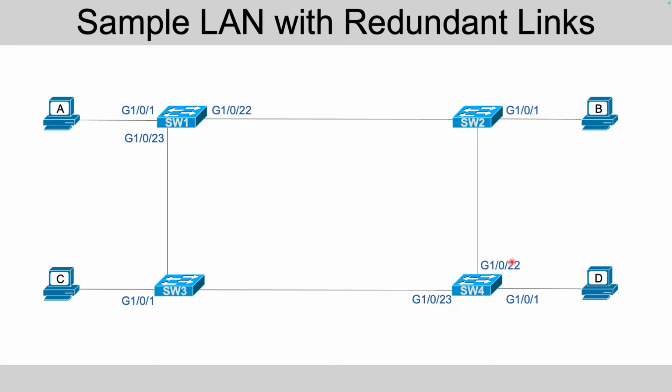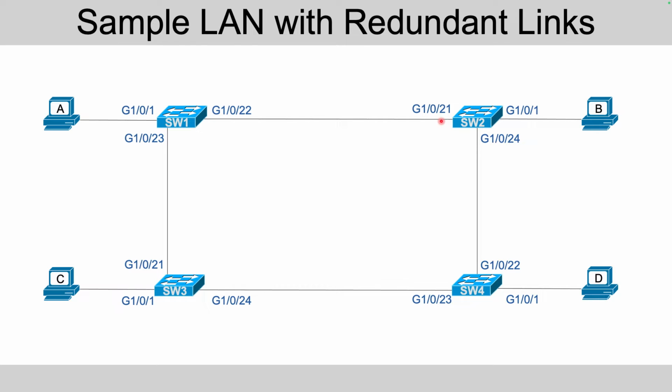All the ports that connect over to switch 3, on the other end of the link, the interface ID ends in 3. All the interfaces on the other end that end in 4 connect over to switch 4, and you guessed it, to connect to switch 1, the other end of the link, the interface IDs end in 1. Now, why do I tell you this? We're going to spend a lot of time on this topology. I want you to kind of get used to the interface numbering scheme.